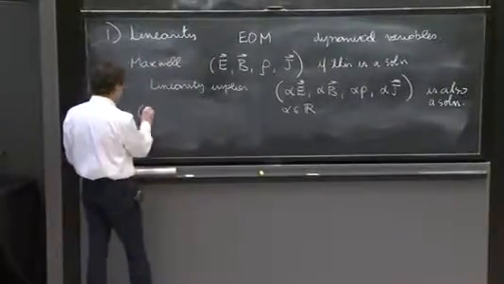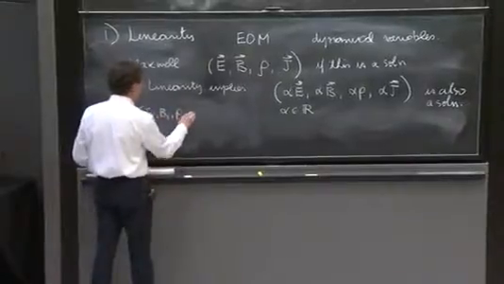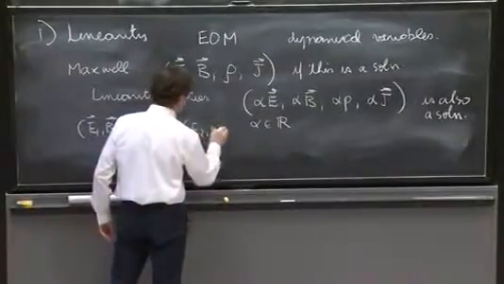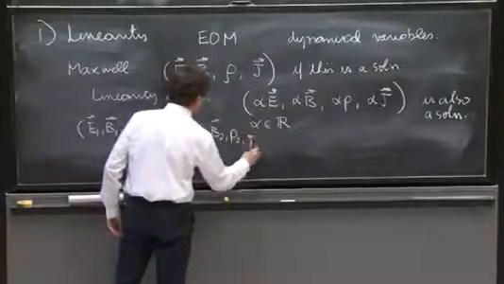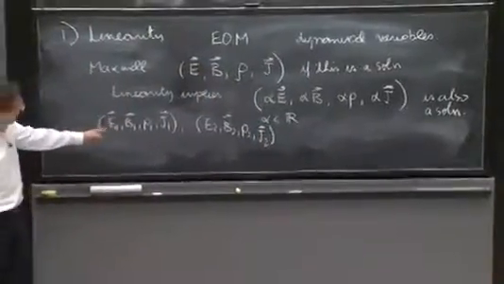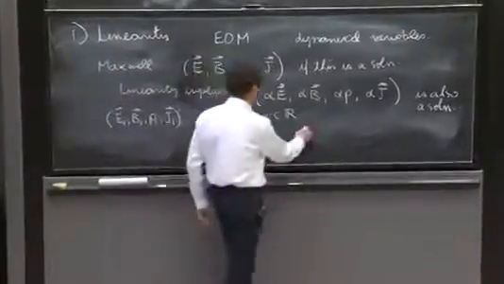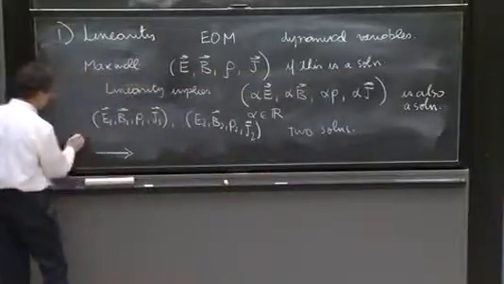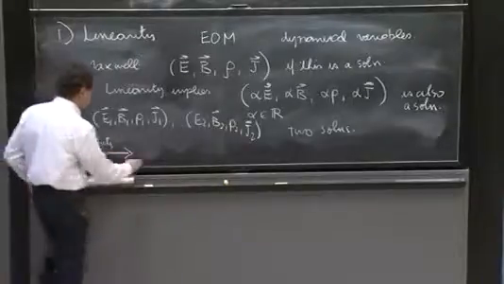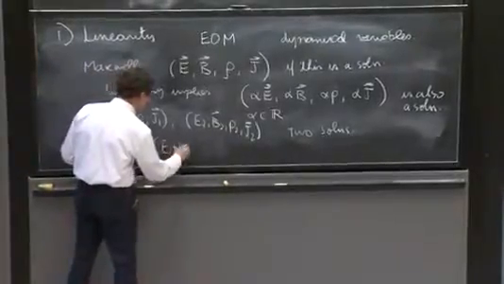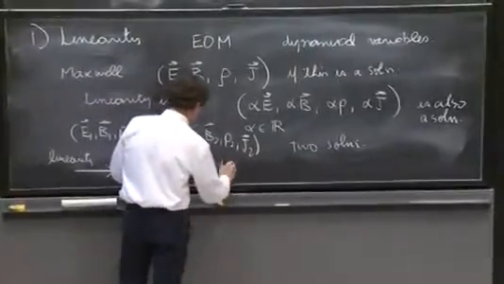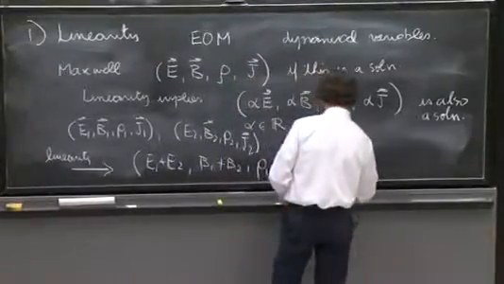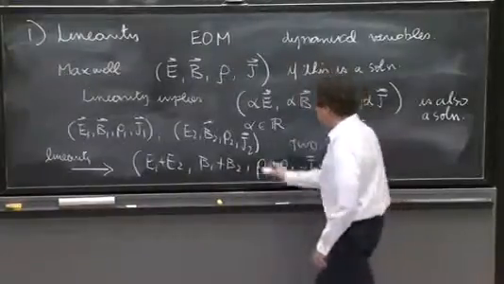It means that if you have two solutions, E1, B1, rho 1, J1, and E2, B2, rho 2, J2, if these are two solutions, then linearity implies that the sum, E1 plus E2, B1 plus B2, rho 1 plus rho 2, and J1 plus J2 is also a solution.